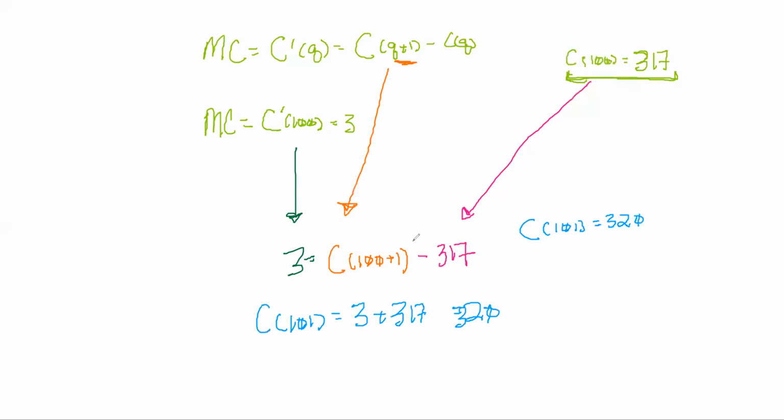What I want to know is what the marginal cost means. We have this information saying the cost of 101 barrels is 320, the cost of 100 barrels is 317. The difference between these two is equal to $3, so it costs $3 more to get an extra barrel.